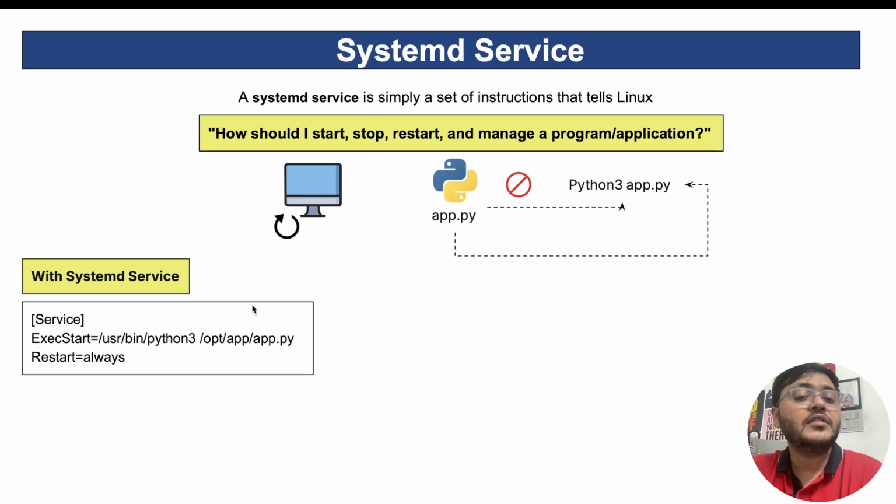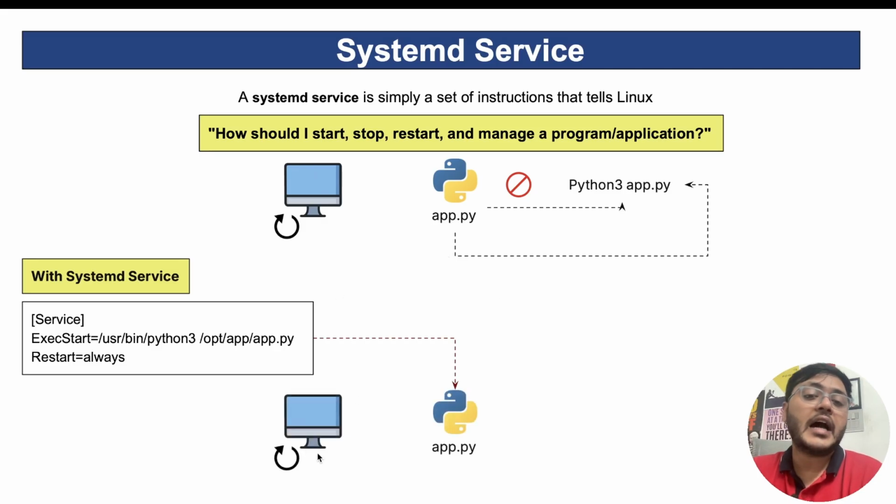Whenever your system reboots, or the application crashes, in any scenario, systemd will automatically start your application. This is the execution start path which we give, which we will see shortly. The benefit of systemd is that you do not have to manually start your application. I hope you understood the concept of systemd service till now.